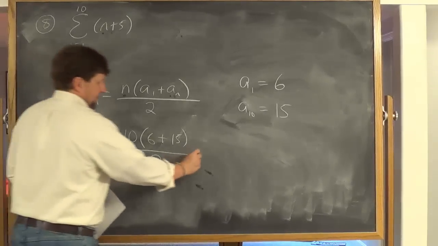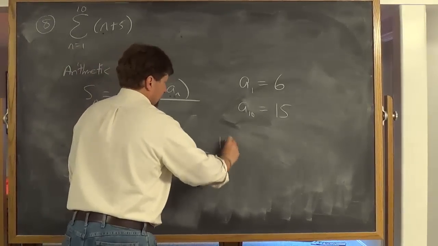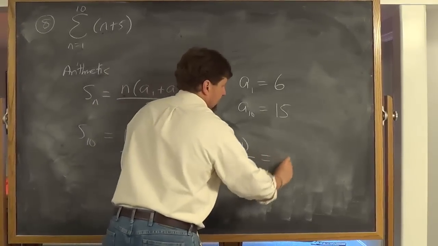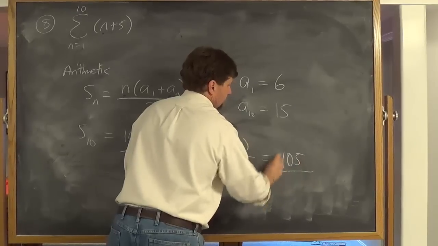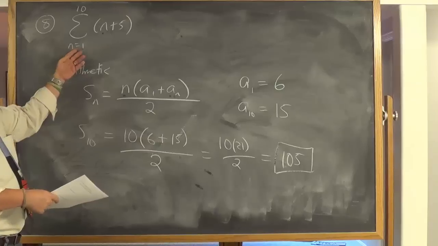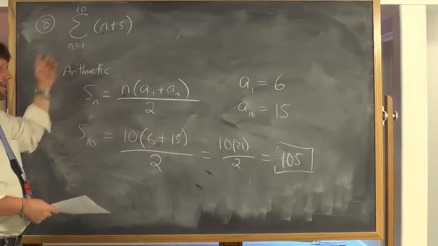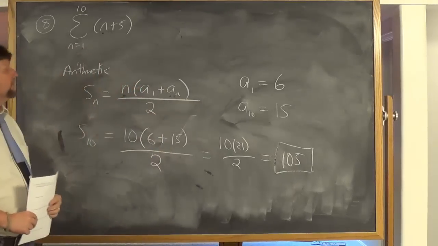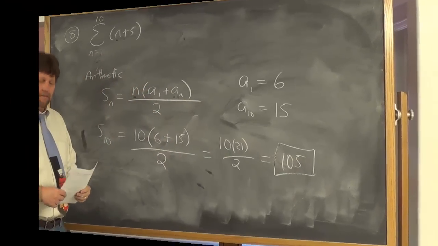If you do this, you get 10 times 21 divided by 2, which gives you 105. So the sum of the first 10 terms of the series ends up being 105. And that's it for number 8.